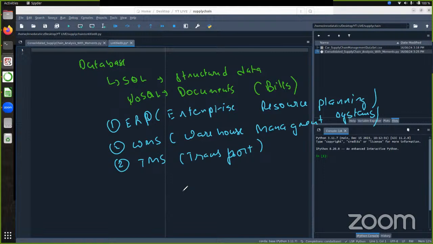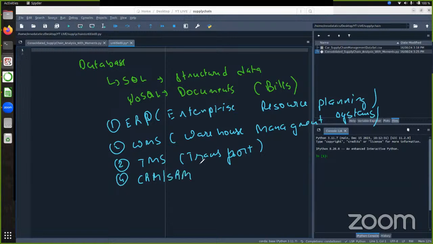And we will focus on planning, executing, and optimizing the movement of goods. And we will try to give some insights into our logistic performance.